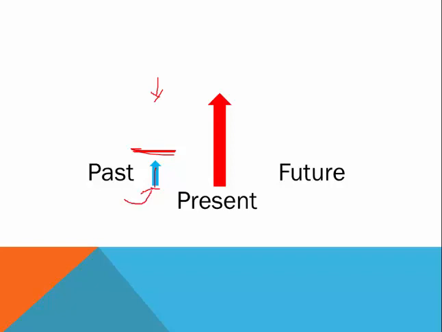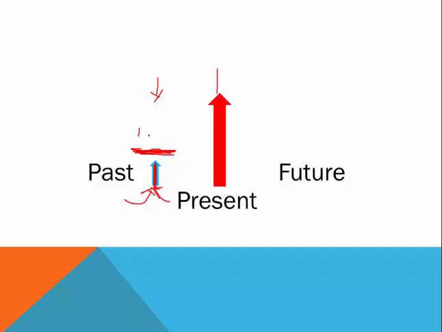Suppose somebody came to my home. This is one action in the past, and this is the present time. Let's say Ravi came to my house. This is one action that happened, and during that time something was happening. When Ravi came to my home, let's say I was sleeping.